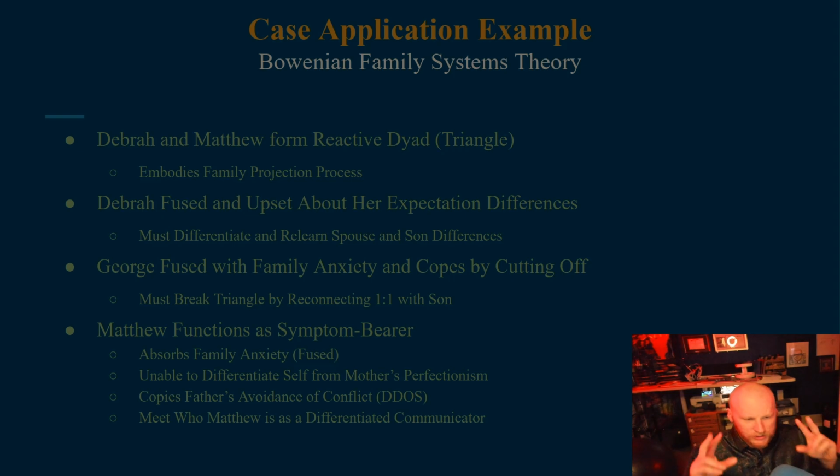It's what I call DDoS, which is different from cybersecurity. Here, DDoS is a disabling of differentiation of self. So that extra D is disabling. His differentiation of self is being disabled by his mother. And it's also being disabled with the father, because the father can't be himself when the mother's around.